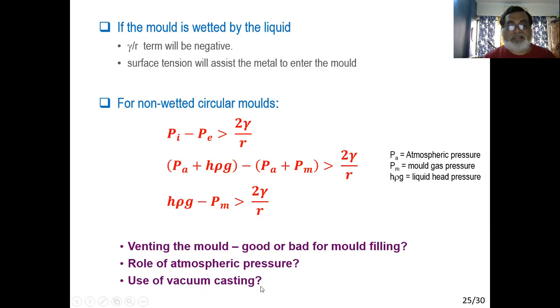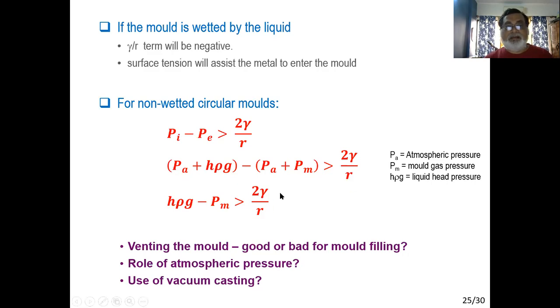Does vacuum casting help? What is the meaning of vacuum casting? Vacuum casting means atmospheric pressure is reduced. So atmospheric pressure is 101 kPa, and we can minimize it to 10 to the power minus 3, 10 to the power minus 5 kPa, etc. So basically, it is Pa at a reduced value.